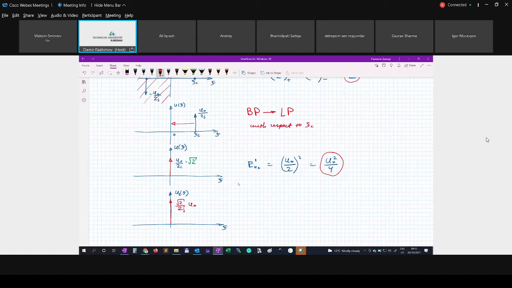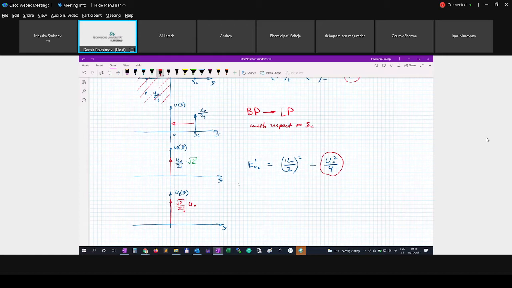Yes, question. Sir, why have you multiplied by root 2? Yes, we multiplied by square root of 2, because if you don't do it, then input and output signals will have different energy at the band pass to low pass transformation, and vice versa.